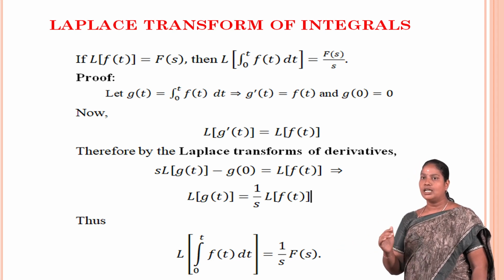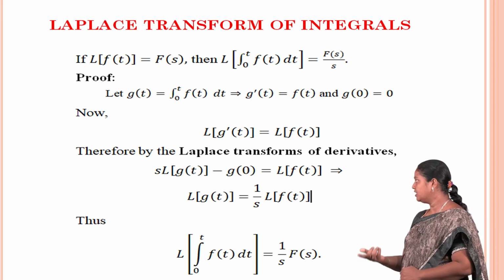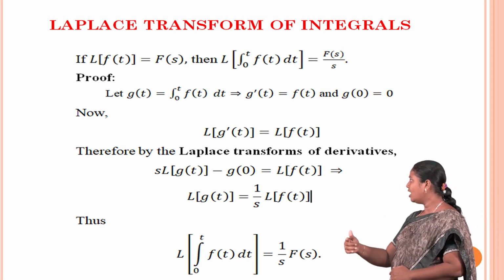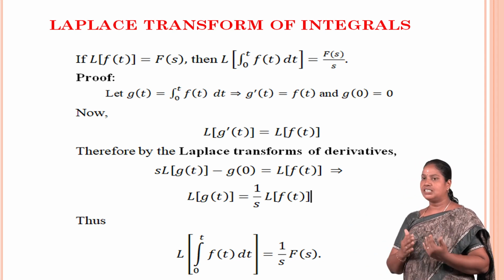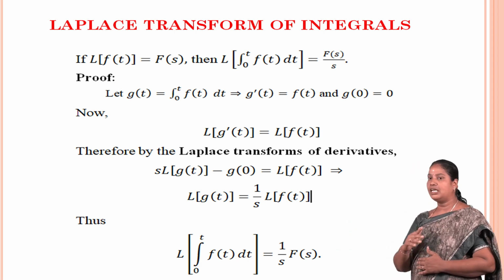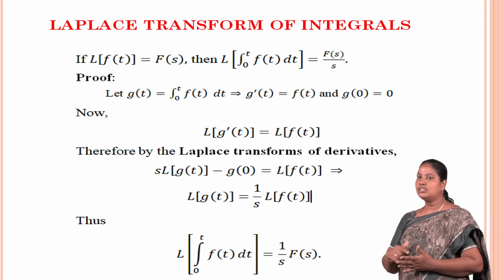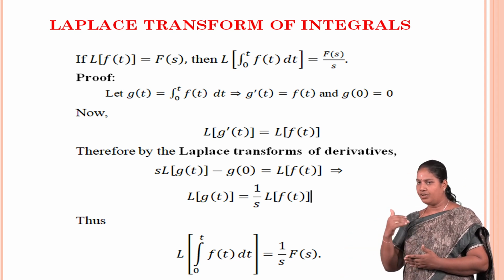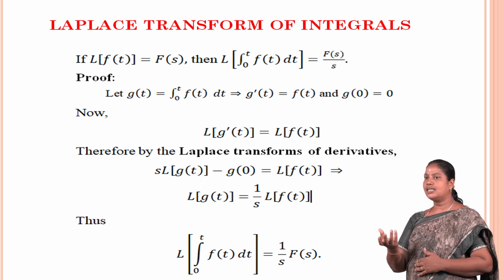So now we apply the Laplace transform to this function, then we will get L of g'(t) is equal to L of f(t). We see the property of Laplace transform of derivatives. According to that property, L of g'(t) is nothing but s times L of g(t) minus g(0), which is equal to L of f(t). Taking g(0) into account, it is nothing but 0.